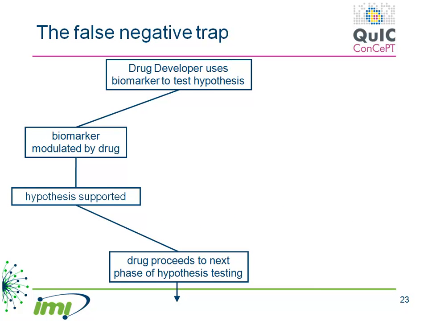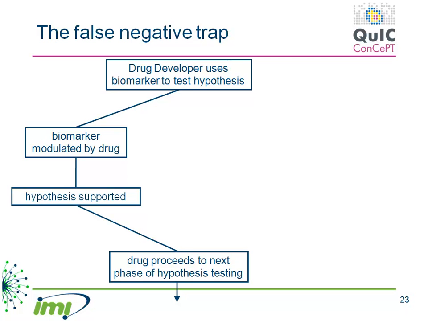So in drug development, when we dream up experiments, the idea that we have is that we'll use the biomarker to test the hypothesis. The biomarker is modulated by the drug. We move on, make the go decision, and send a paper off to JCO. Fantastic.